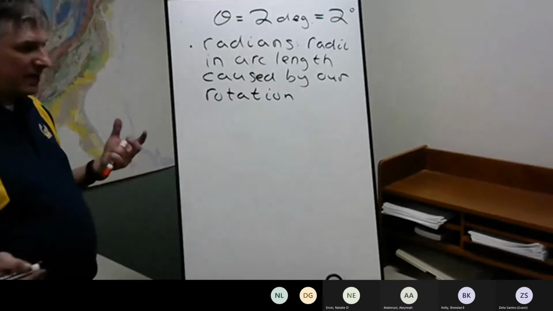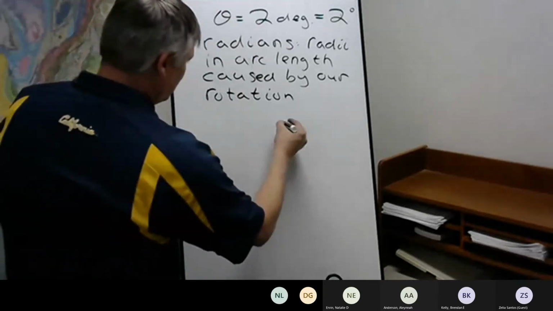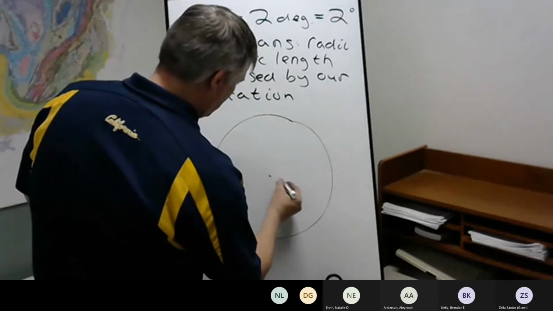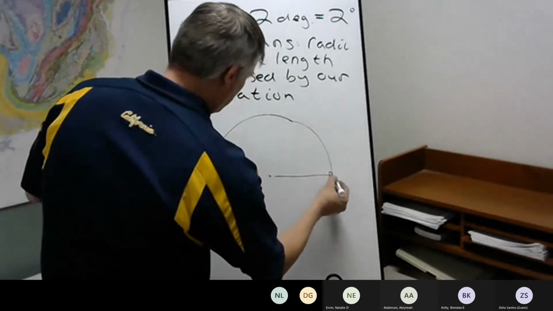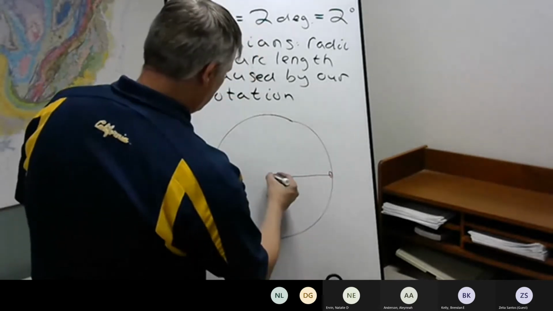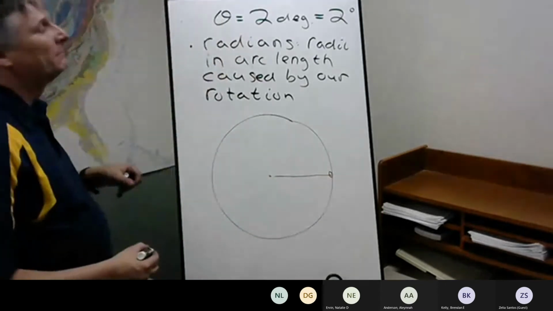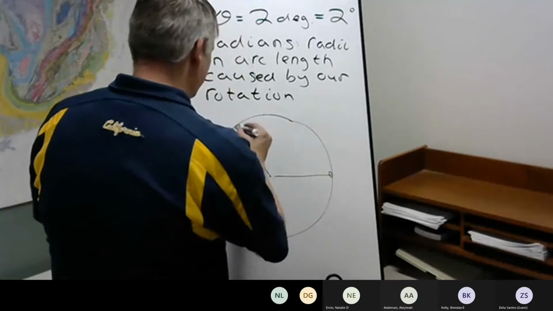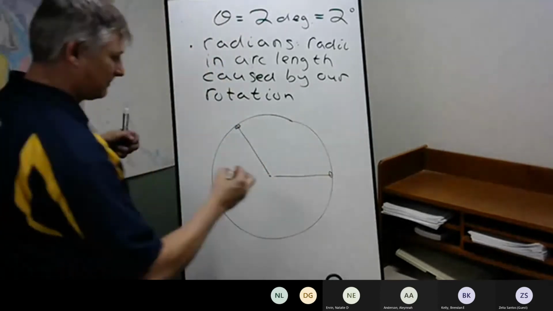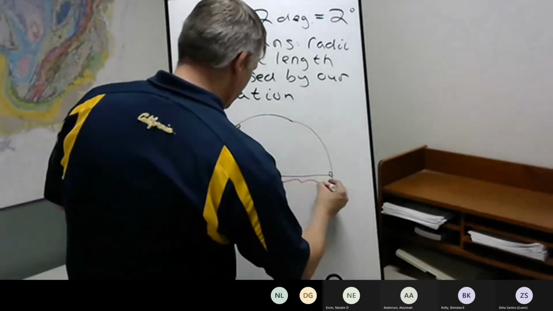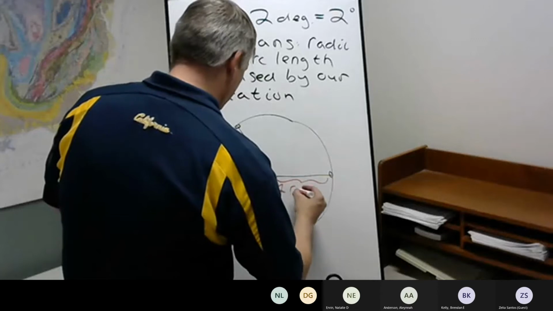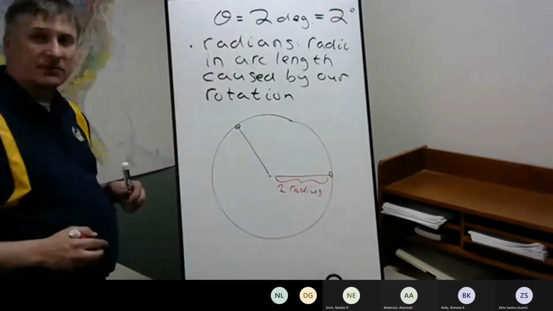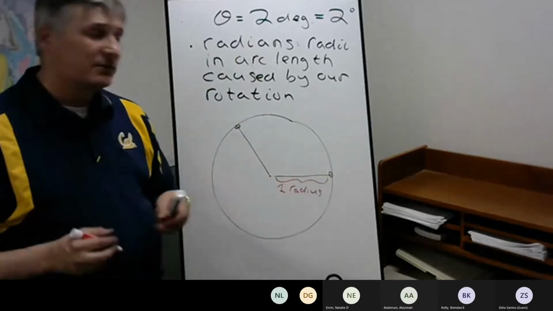So you can think of a rotation in terms of a circle. Not quite accurate, but this is the center of our circle, and that's going to be the radius.